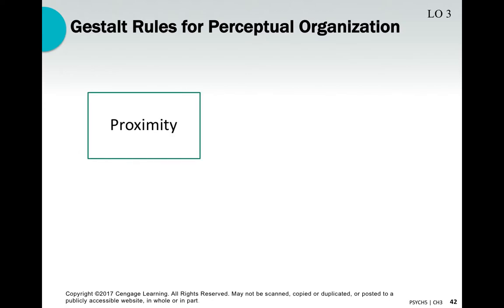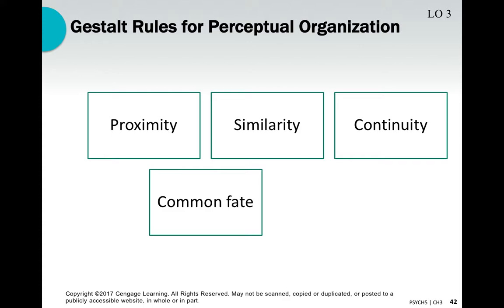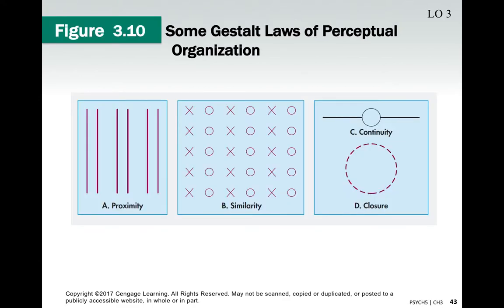So, more Gestalt principles or rules: proximity, similarity, continuity, common fate, and closure. We've already seen closure. Let's take a look at a few others. Proximity: things that are together, we're more likely to group together. We're more likely to think these things are connected because they are close to each other.